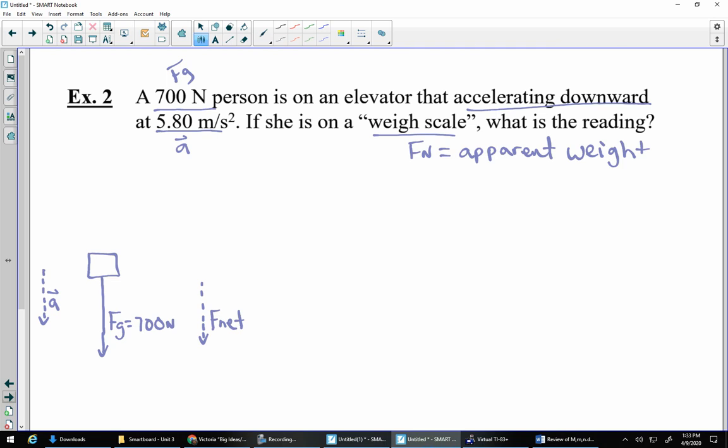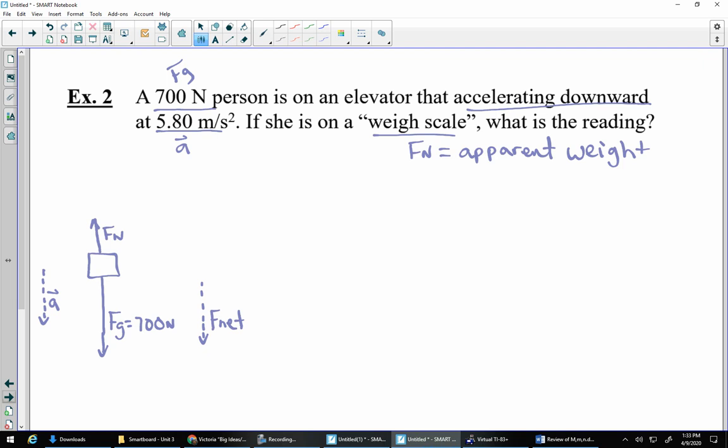Okay, so now let's think about this for a second. If the net force is downwards, that means I need a bigger force down than my up force. Or in other words, my normal force has to be smaller than my force of gravity. Cool. So I've got this kind of figured out.